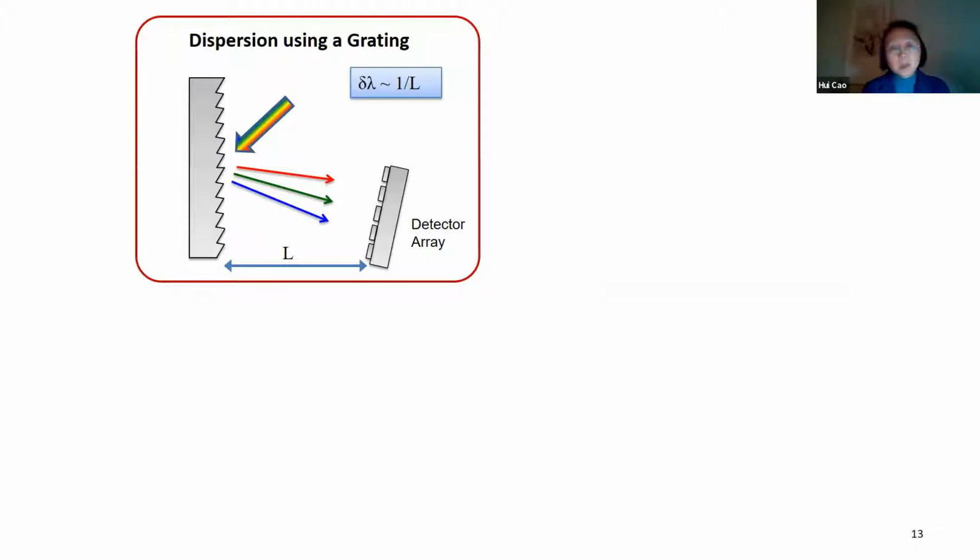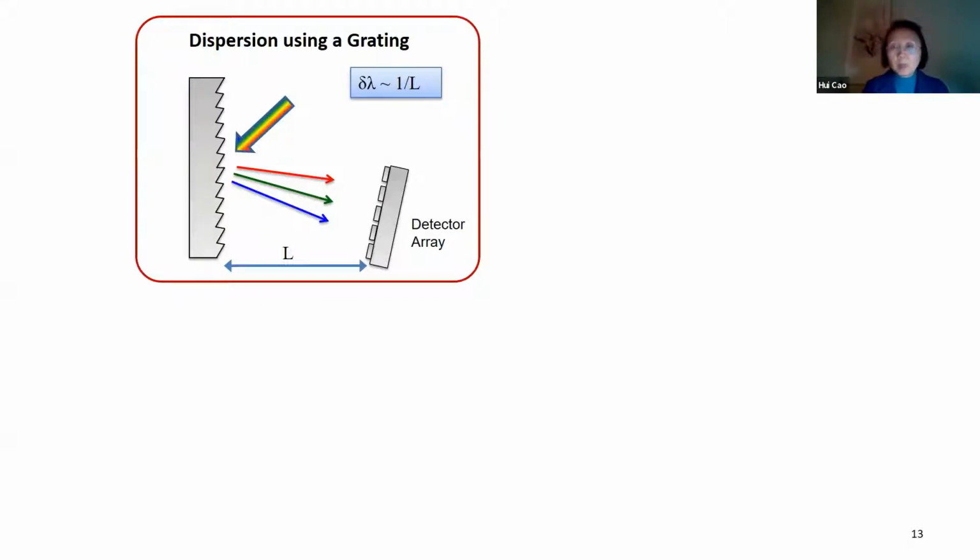First, we need a big grating with very fine grooves. Next, we also need to increase the separation between the grating and the detector array. Because if we have two frequencies very close to each other, their diffraction angles are also very close to each other.